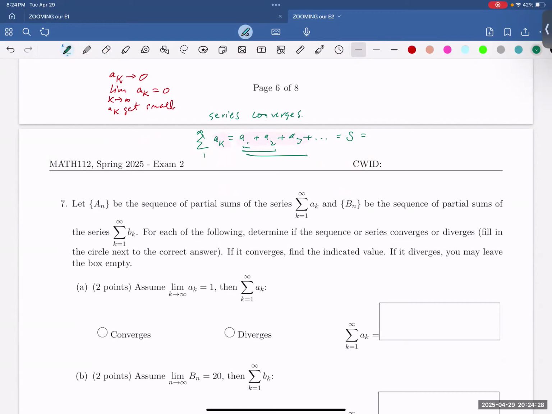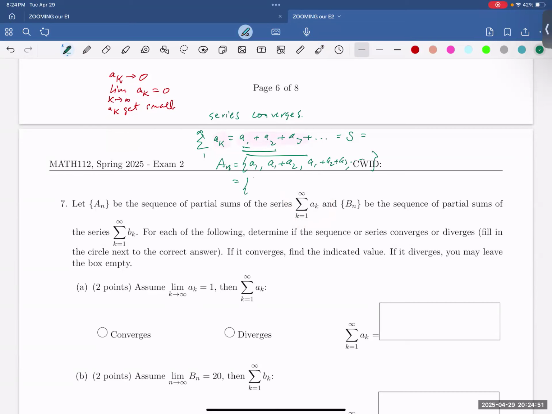So, it says A sub n is the sequence of partial sums for A sub k. That sequence is A1, and then A1 plus A2, and A1 plus A2 plus A3, dot dot dot.